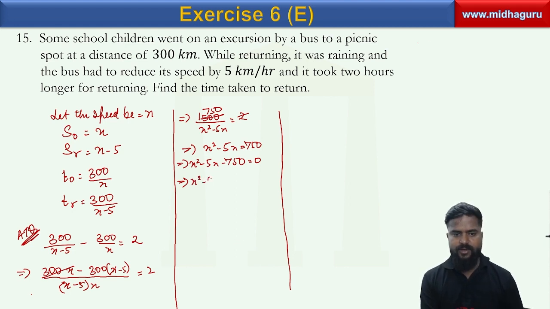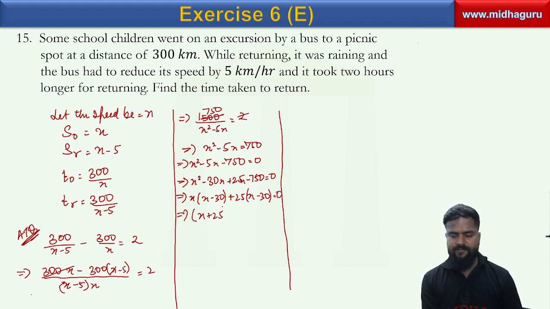So we'll write x square minus 30x plus 25x minus 750 is equal to 0. Taking x as common and then taking 25 as common, we get x plus 25 into x minus 30 is equal to 0. So x is either equal to minus 25 or x is equal to 30.